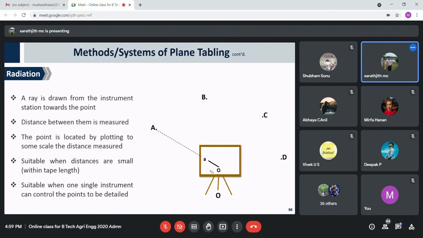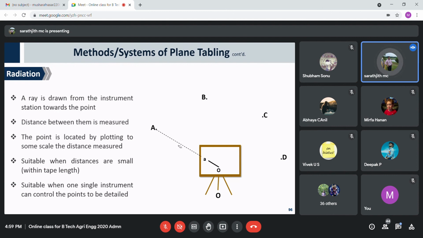So using the alidade and ranging rod, you sight the point, then you draw the line of sight. On that line of sight, after measuring the distance OA and converting it to a suitable scale, you mark small o and small a.